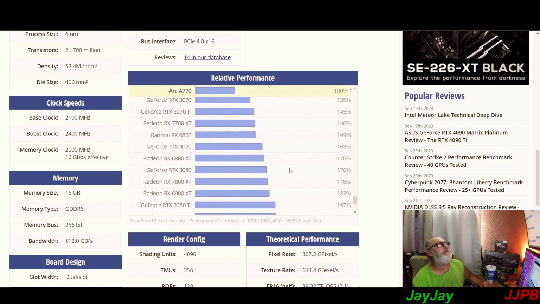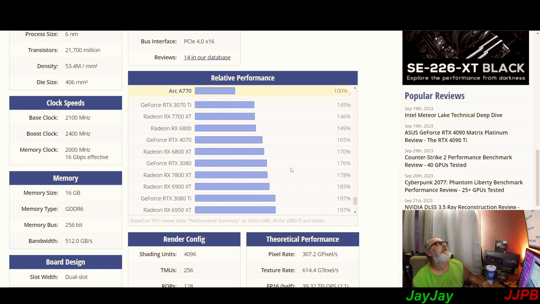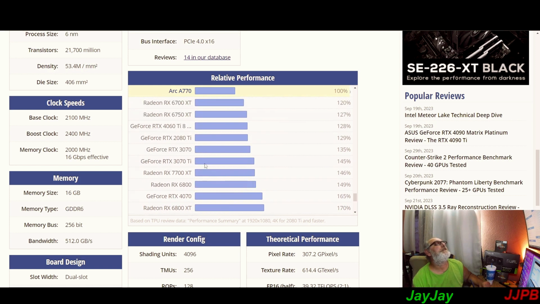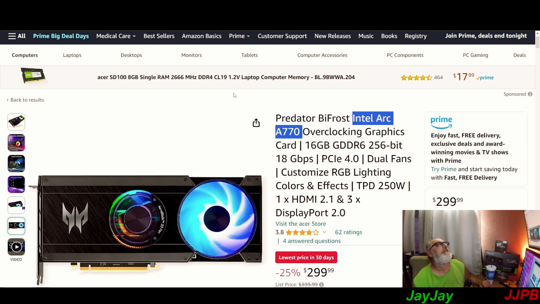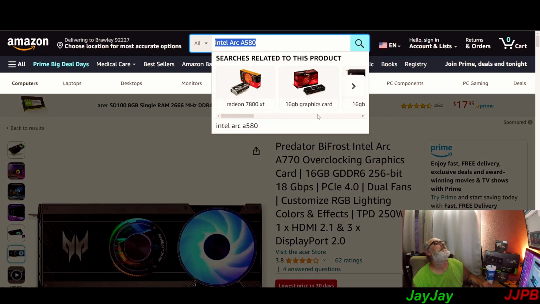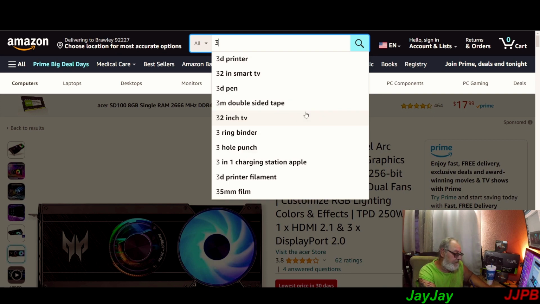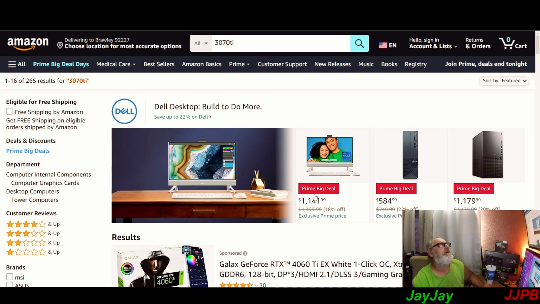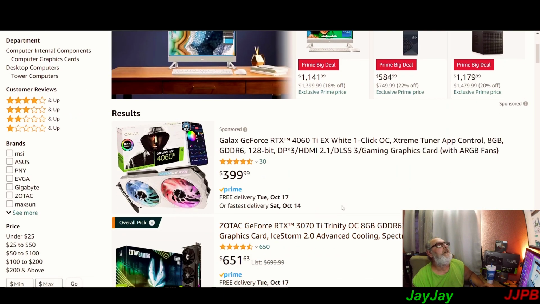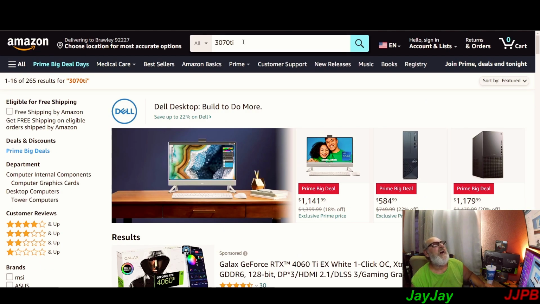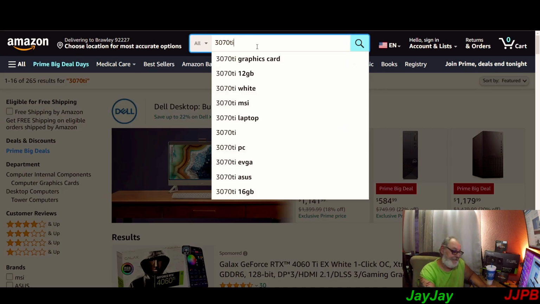But for $300, what can you get for $300? A 3070 Ti. Let's see what we can find there. So we say a 3070 Ti. Oh, a 3070.